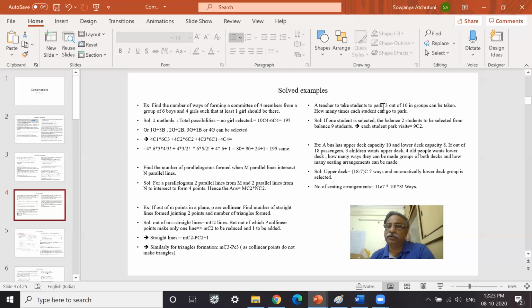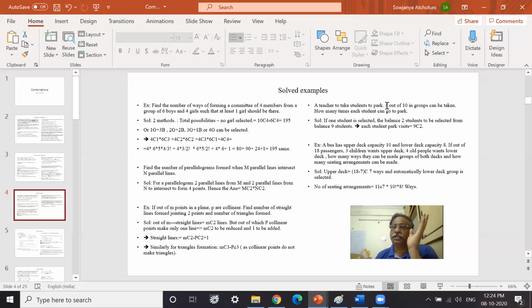A teacher takes students to the park. 3 out of 10 in a group can be taken. How many ways can each student go to the park? So 3 out of 10 in a group can be taken. What is the way to select this? 10C3. He says each student can go to the park. So it should include, let us say, one person in all these selections. So I take out one, what is left is 9.